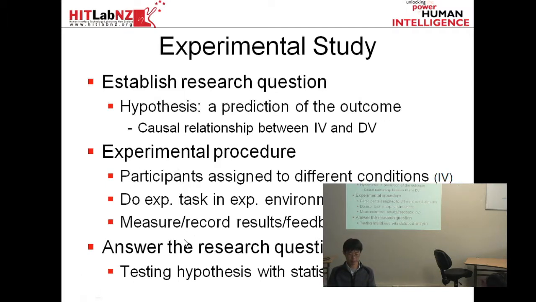You define your independent and dependent variables, let participants do a certain type of test, and then measure the results, which is the dependent variable, and try to answer the research question, which is basically trying to reject or retain the hypothesis and make a conclusion out of it, using statistical analysis.